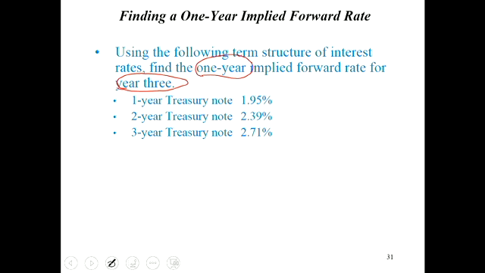So that's 1.0271 cubed divided by, what's the appropriate rate for the 2-year rate? Yep, the 2.39% that's given to us there. And you square that, and you subtract off that 1. Now, if you do that calculation, what you come up with is that the implied rate, sorry, 2 years from now, is about 3.35%.